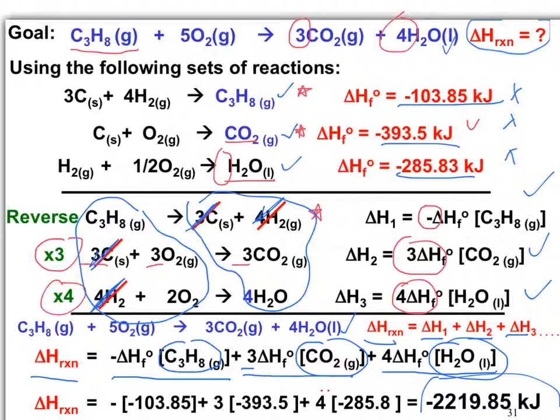So this is how we utilize Hess's law and the enthalpy of formation values from the appendix in order to calculate our delta H of reaction. So this is a pretty involved process and can be somewhat time-consuming, but you are familiar with the Hess's law approach, and this gives you a good understanding of how to utilize the enthalpy values from Appendix C.